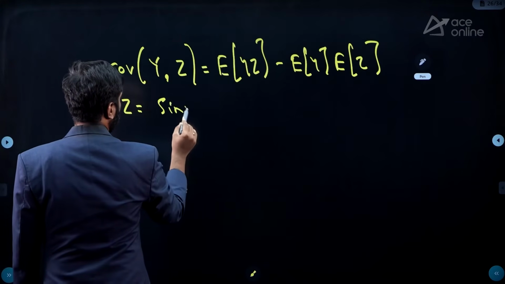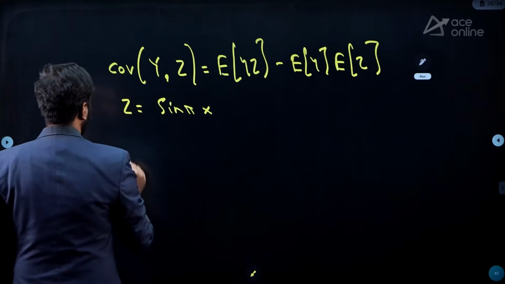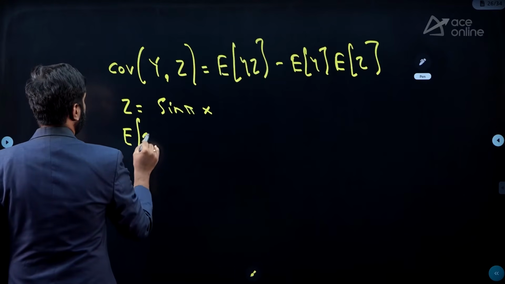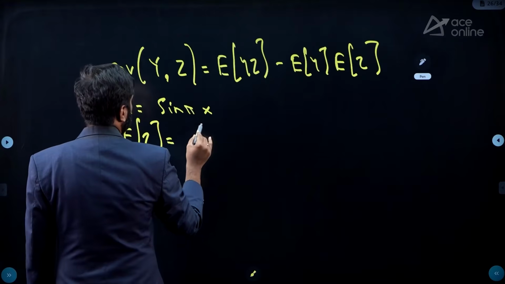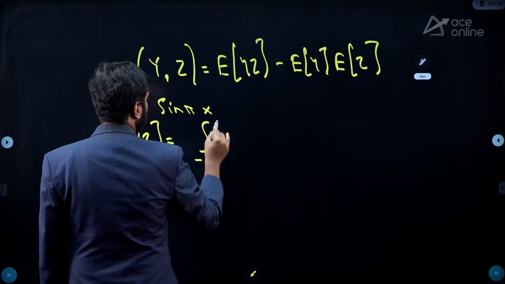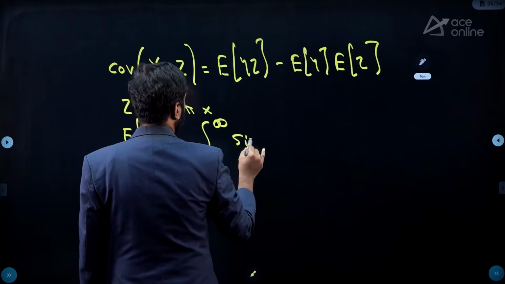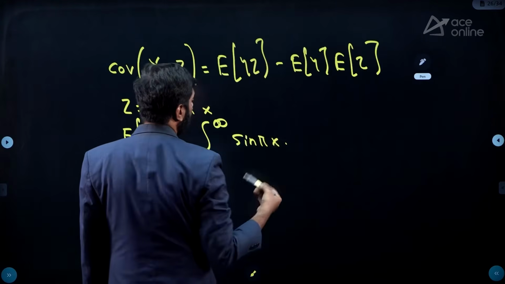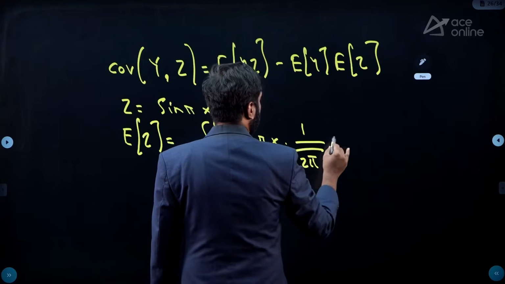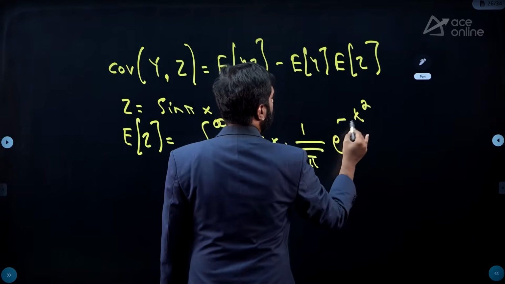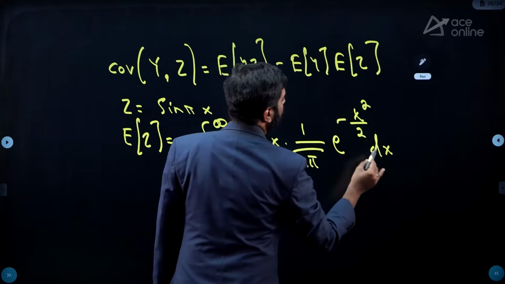It is sine pi X. How do you find expected value of this? It is integration minus infinity to infinity sine pi X into the probability density function of X, which is 1 by root 2 pi e power minus x square by 2 dx.